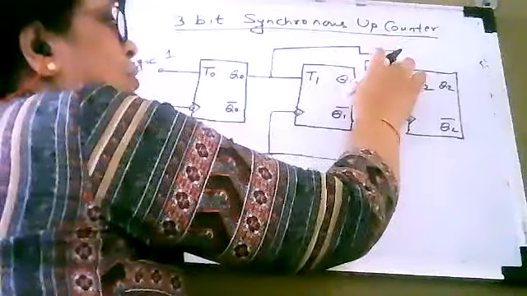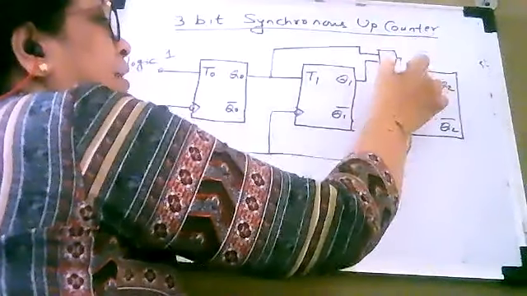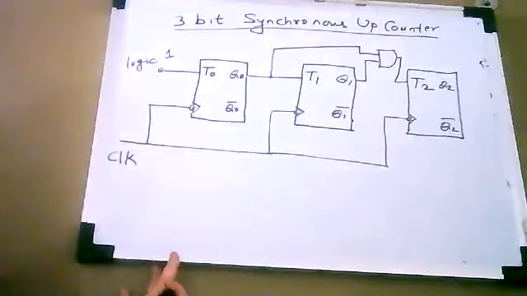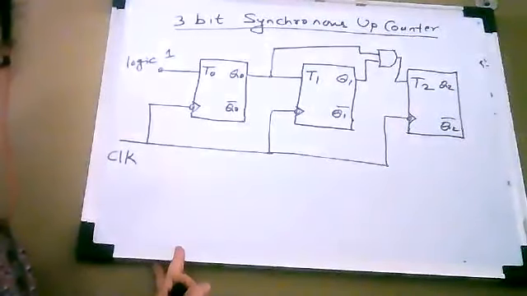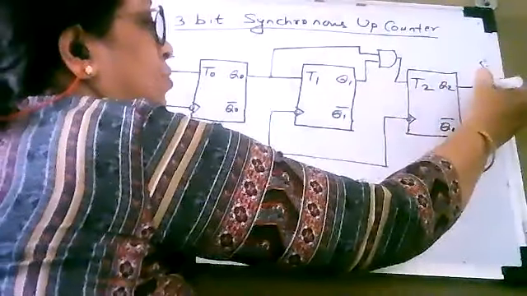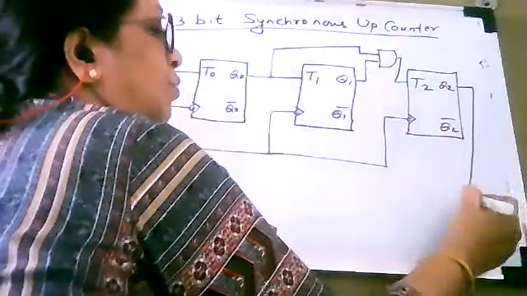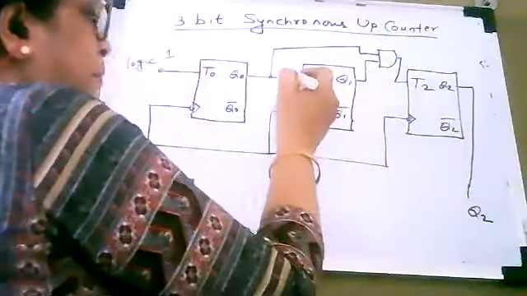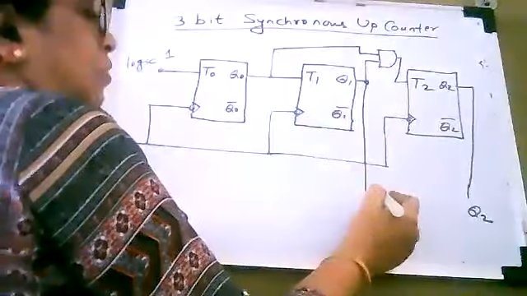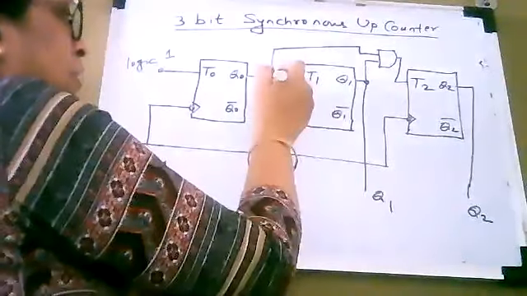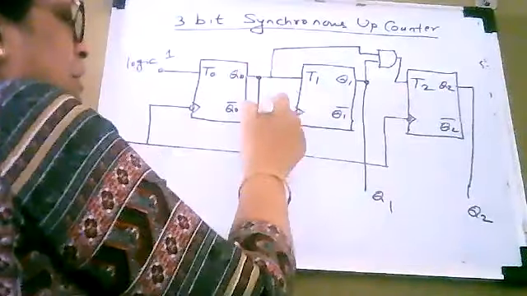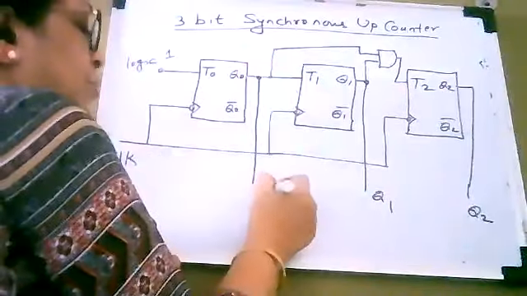The output of the AND gate is applied to T2. So this is a synchronous connection with some extra logic. This is your Q2 output, this is Q1 output, and this is your Q0.